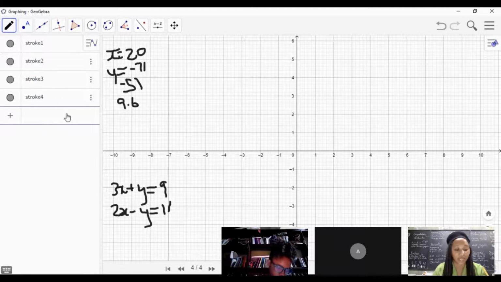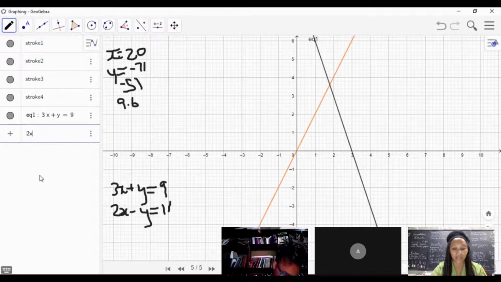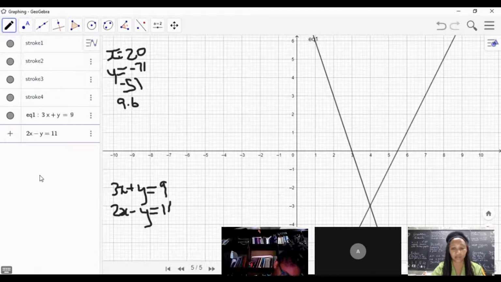So we have 3x plus y equals 9, and we have 2x minus y equals 11.